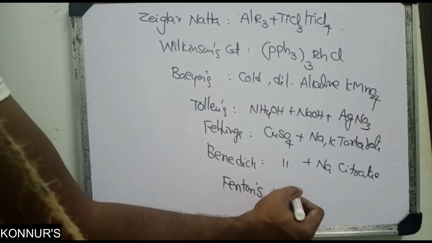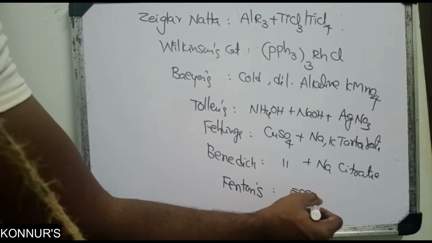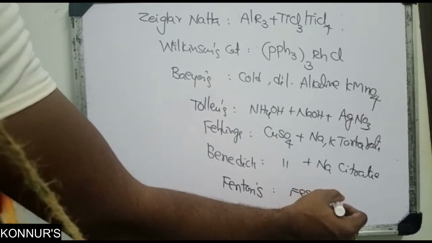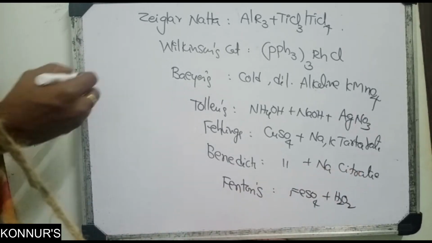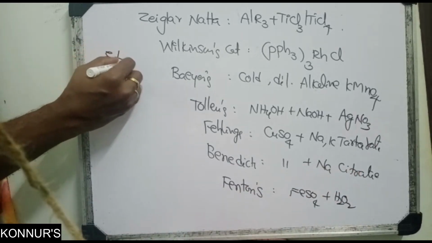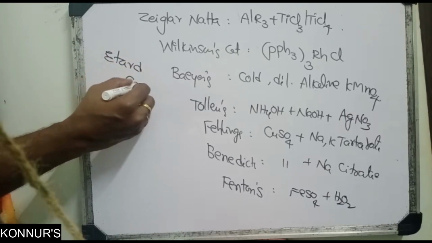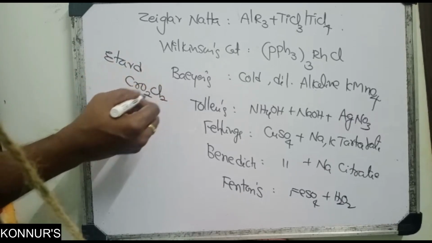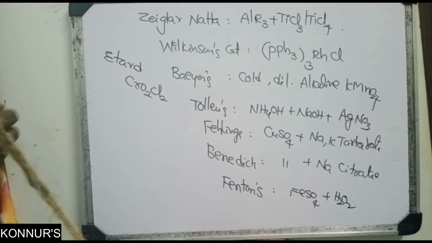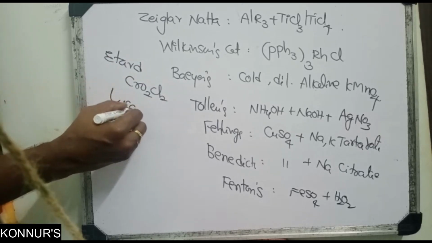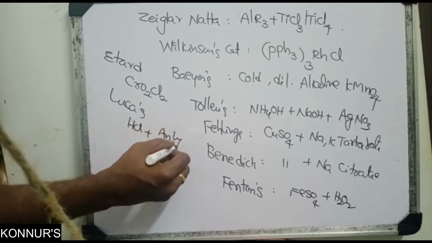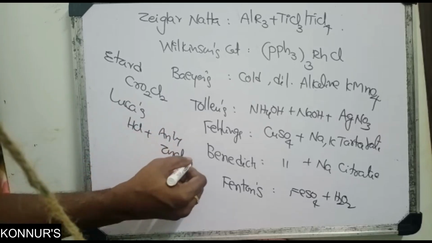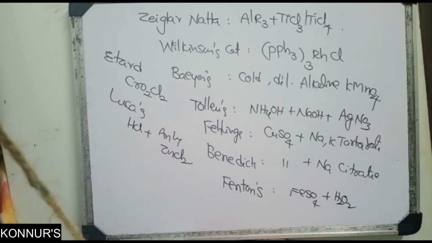Fenton's reagent means FeSO4, iron sulfate with hydrogen peroxide. Next, Etard reagent. So Etard reagent, chromyl chloride, CrO2Cl2. Next, Lucas reagent. Lucas means HCl plus anhydrous zinc chloride. We can take.